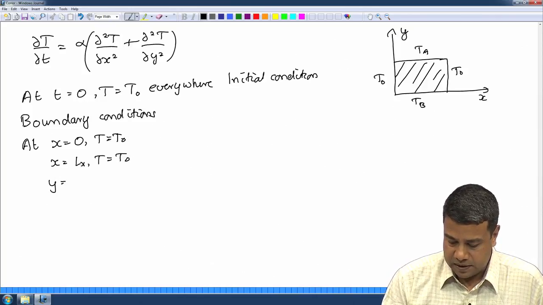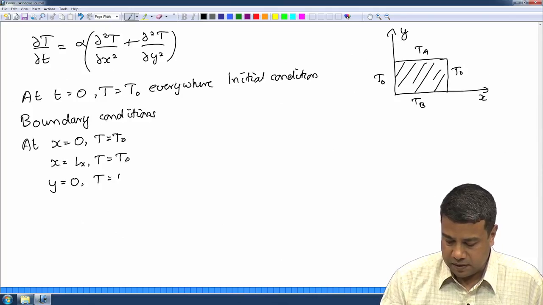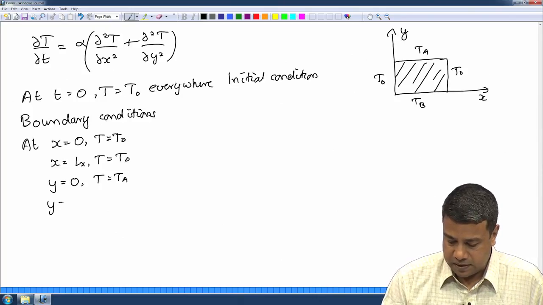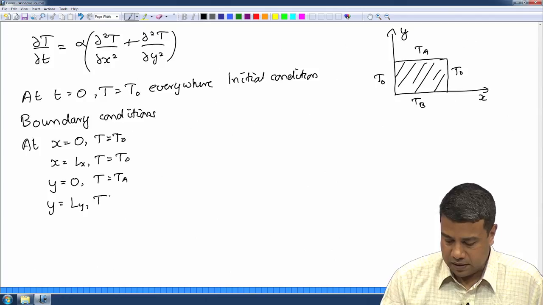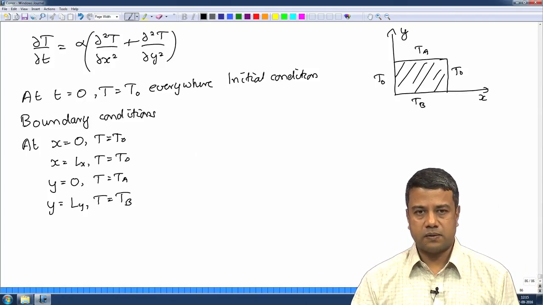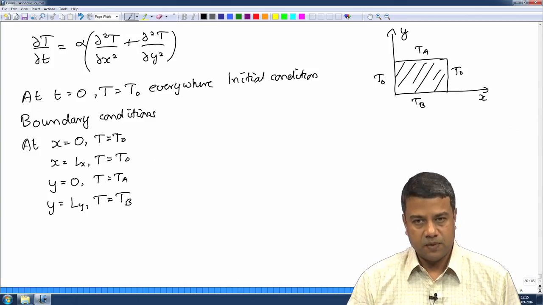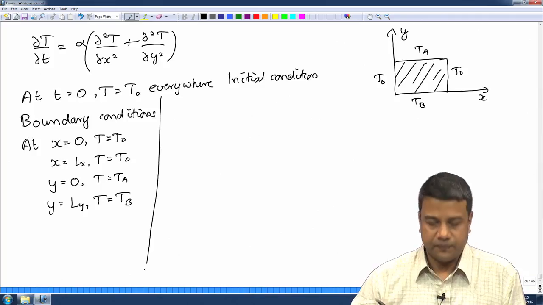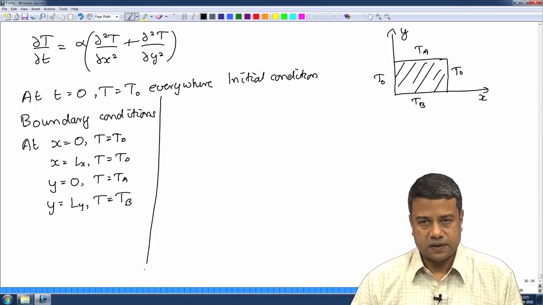Y is equal to 0, T is equal to T A, and y is equal to Ly, T equals T B. So, those are the boundary conditions, but now I have a time dependent problem which I have to solve as a function of x and y as well.